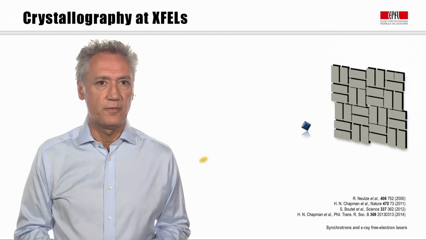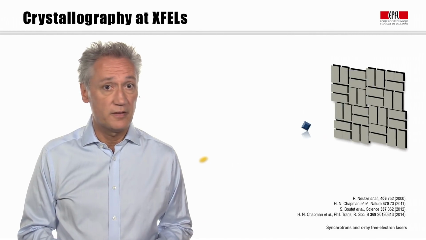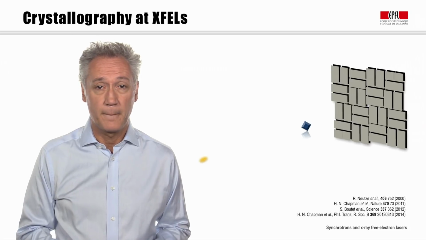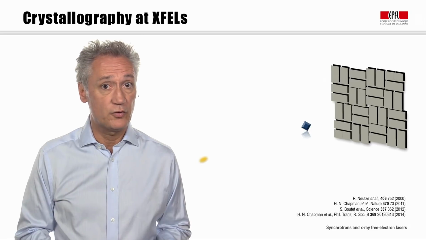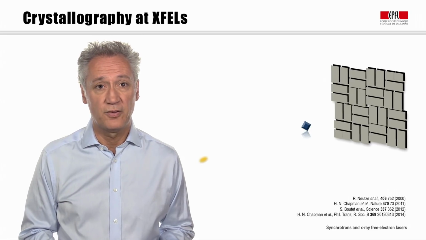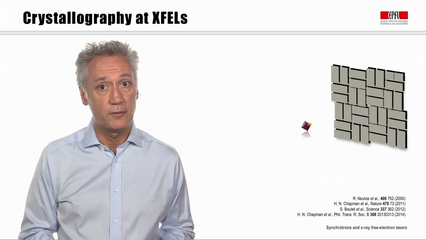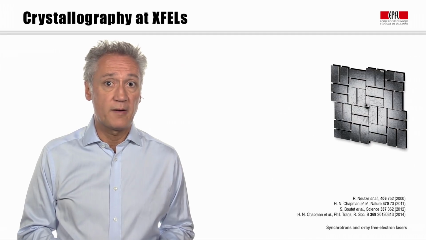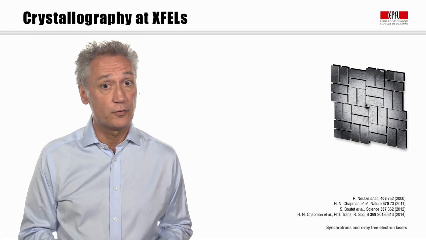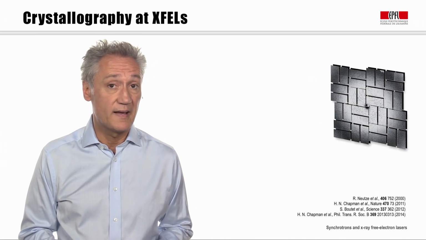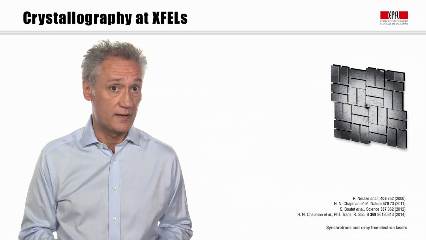We finish this week with a brief overview of diffraction and scattering experiments at X-FELs. As early as 2000, it was predicted that crystallites could survive irradiation by X-FELs just long enough before exploding, and this was experimentally confirmed in 2011 for nanocrystals of photosystem 1, recorded at the LCLS in Stanford, California.